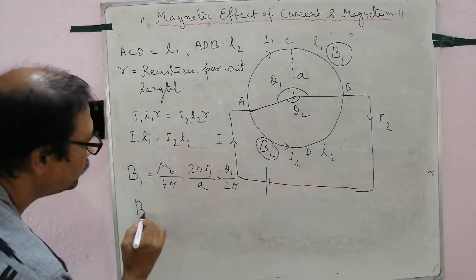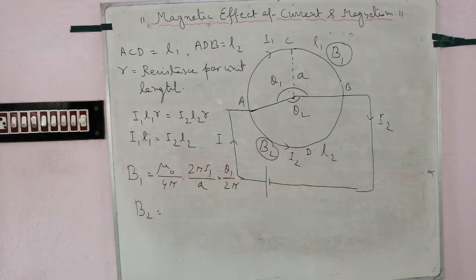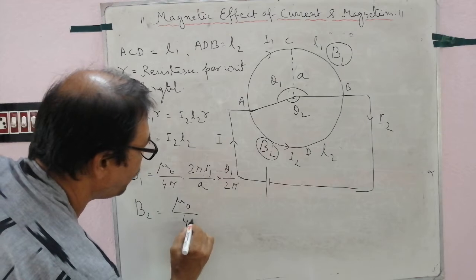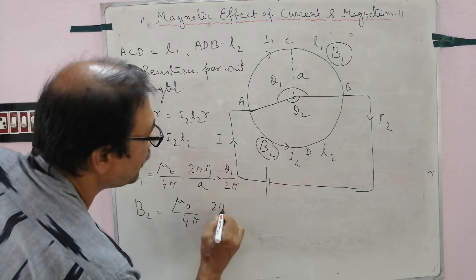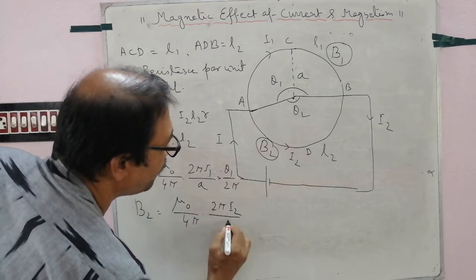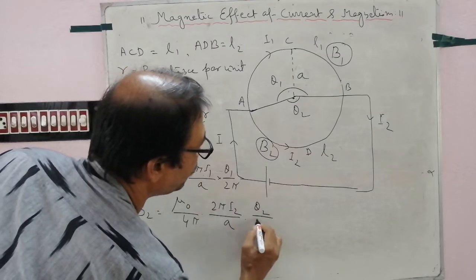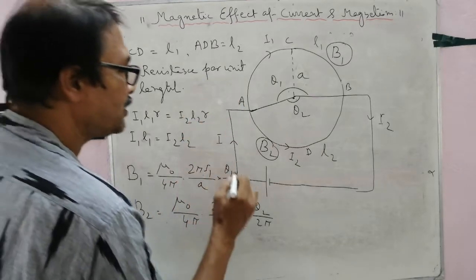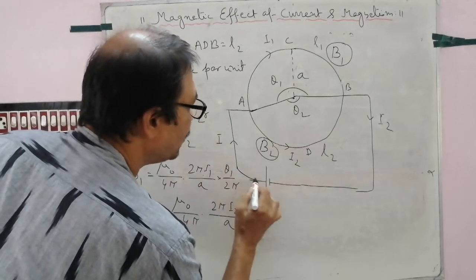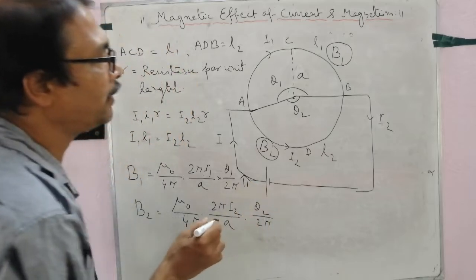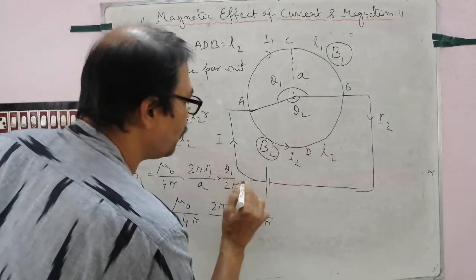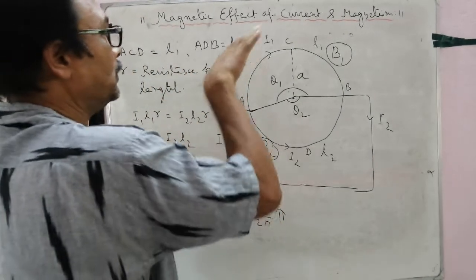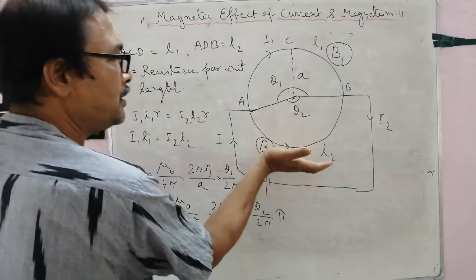And for B2, mu naught by 4 pi, very important question, 2 pi I2 by A into theta 2 by 2 pi. This portion has direction upward, this direction downward, and for this portion direction upward.